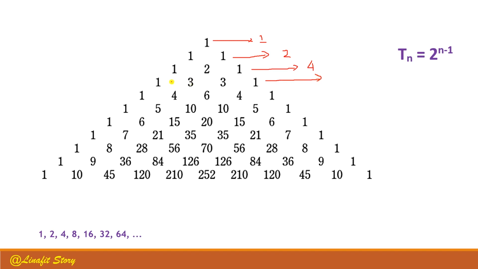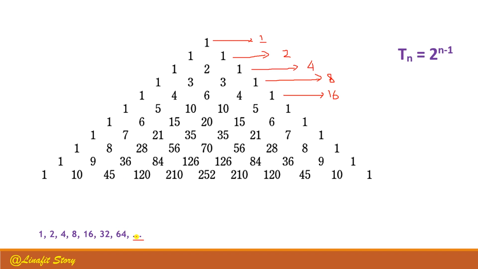The fourth row, 1 plus 3 plus 3 plus 1 is equal to 8. The fifth row, 1 plus 4 plus 6 plus 4 plus 1 is equal to 16. So we get 1, 2, 4, 8, 16, 32, 64, and so on. Remember, the 3 dots mean it goes on forever.